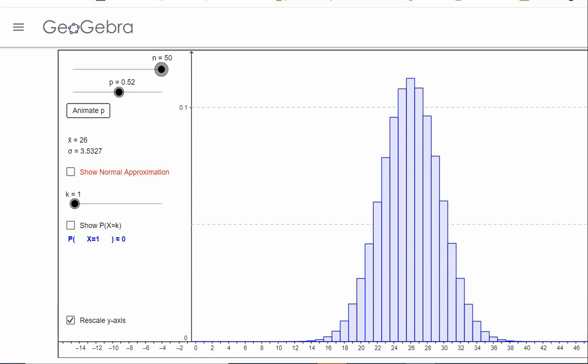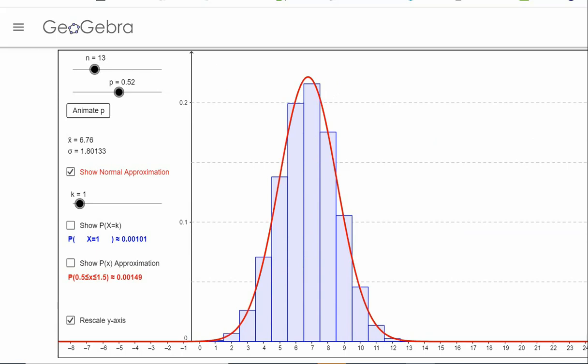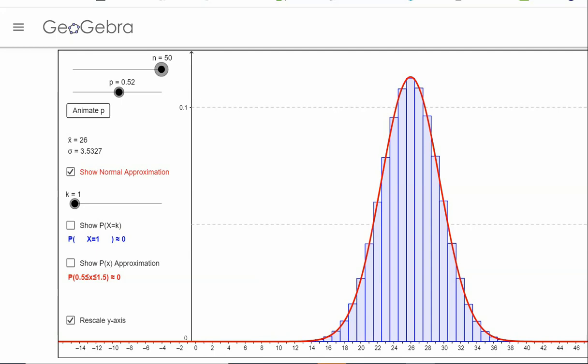Now, if we take the sample size all the way down to something small, you can see that symmetry is gone. And I can actually put the normal approximation curve on there. You can see it's not a great fit. If I take it back up to 50, you can see, wow, it's hitting the values pretty much every single time there.